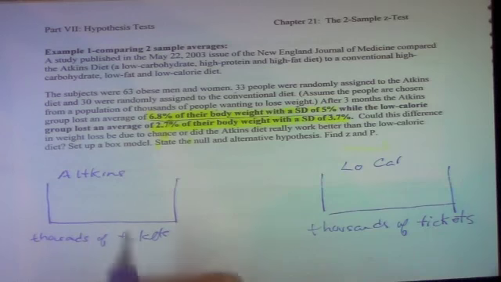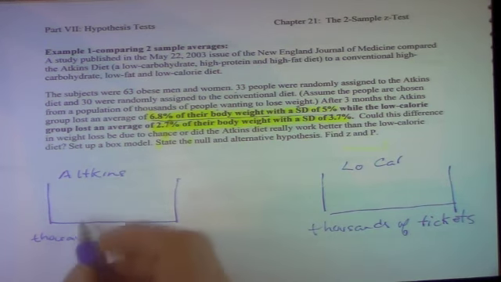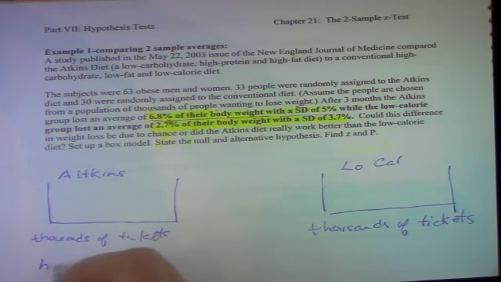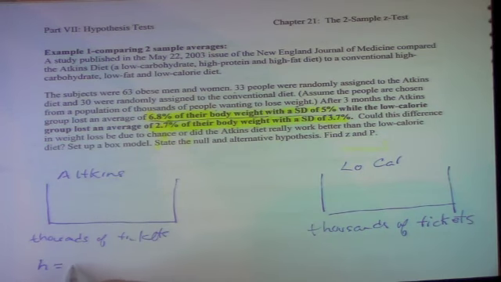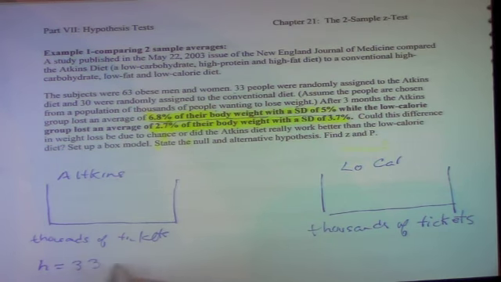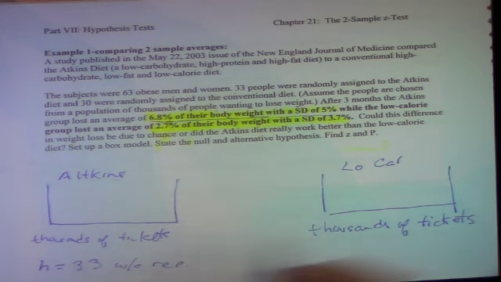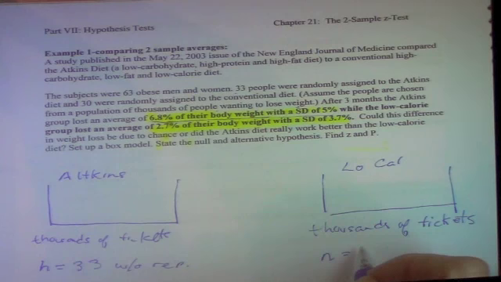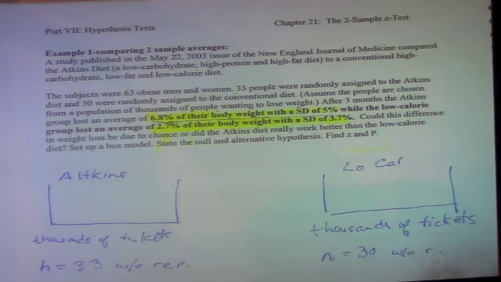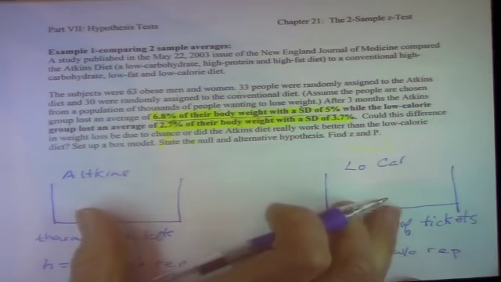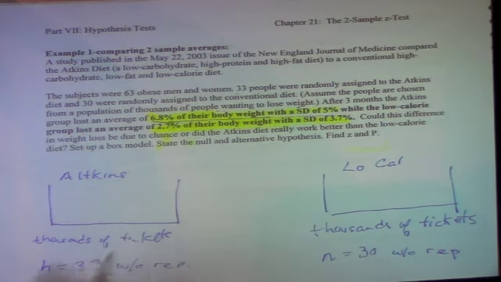But you only picked out of these n equals what? 33 for this group, without replacement, because we wanted separate people. And here we only picked what? 30, without replacement. And with the 30, their average loss was what?